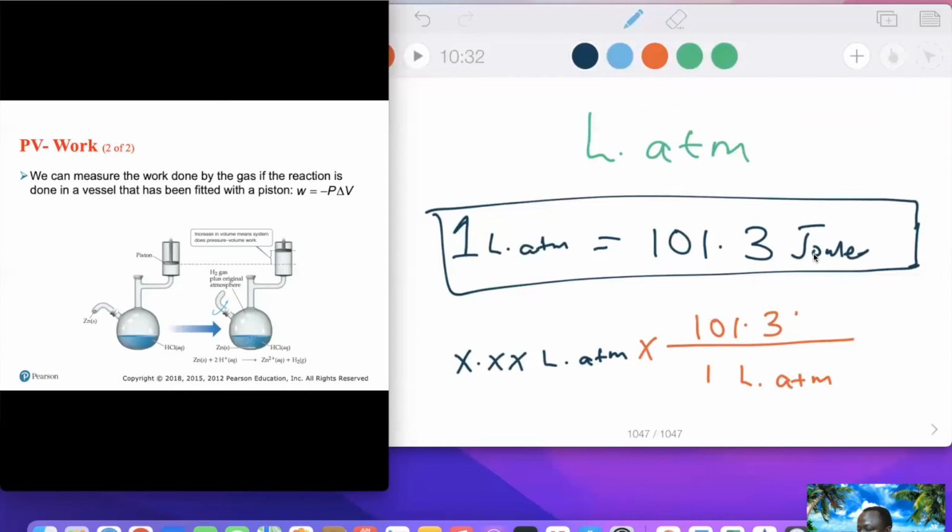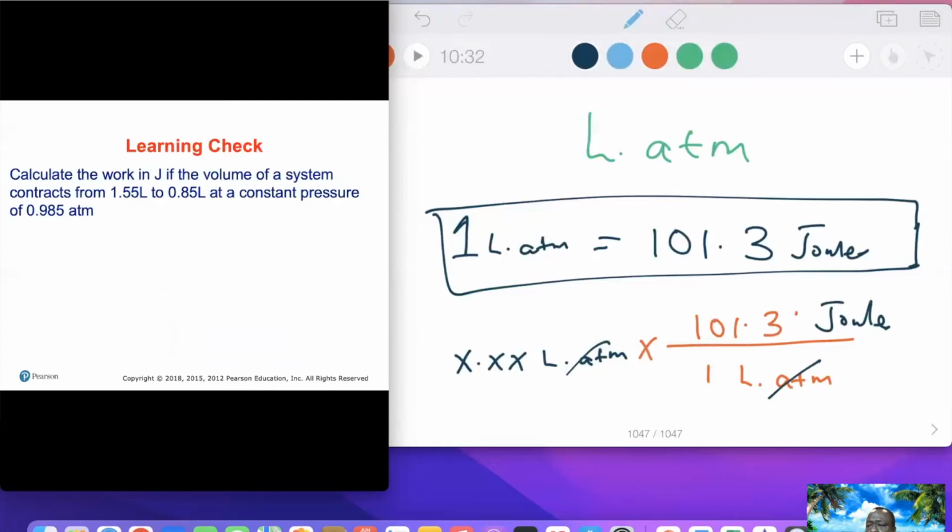So that liters times atmosphere will cancel, and you express the work, done by the system or on the system, in the correct unit of joules. Perhaps solving an example will help you see how you use that equation.